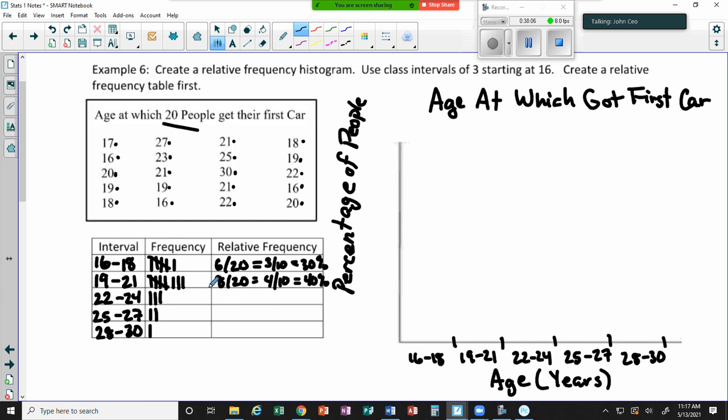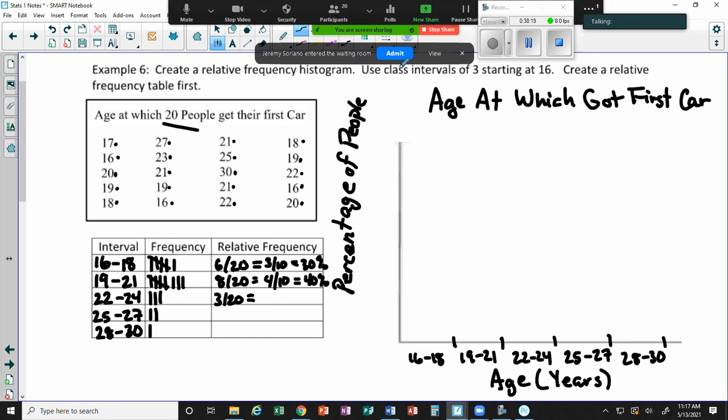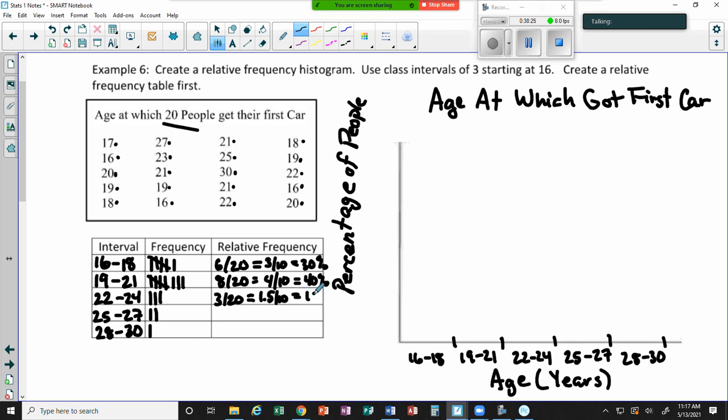Next one's what? 3/20. Now what you can do is you can divide by 2 and you might get a decimal, but then that'll tell you that it's what? This would be 1.5 tenths. So what percentage is that? 15%.